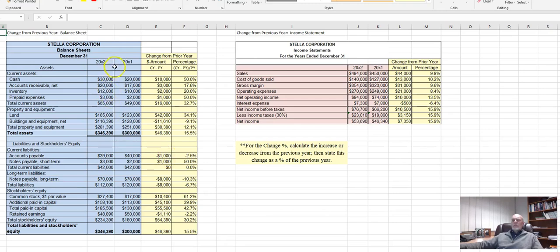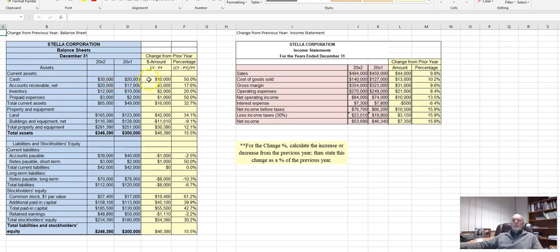So I have the balance sheet here on the left side of the screen, and I've calculated the difference, the current year minus the previous year. For example, in cash, we had $30,000 in the most recent year and $20,000 in the year before that.